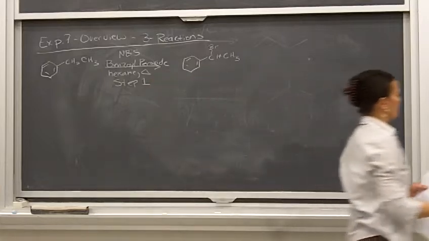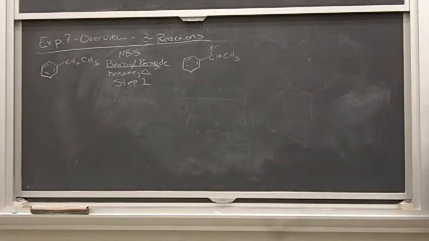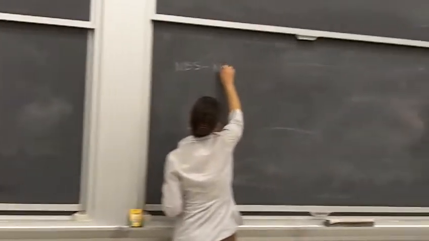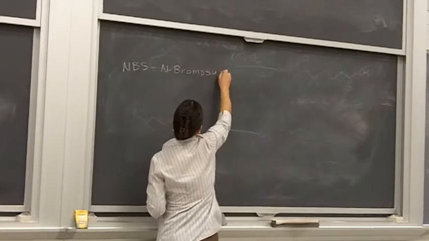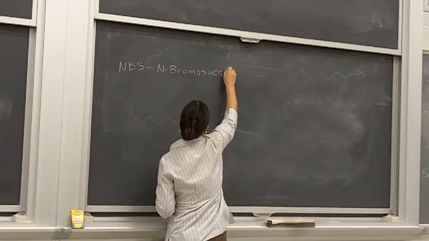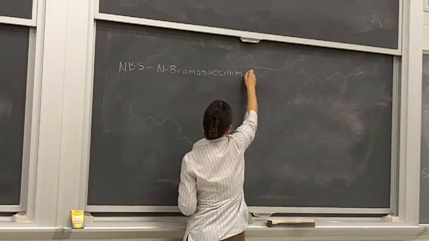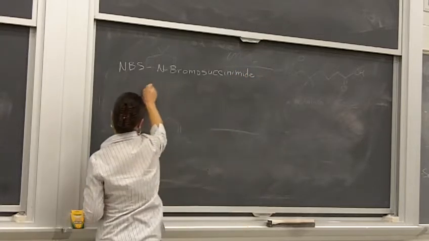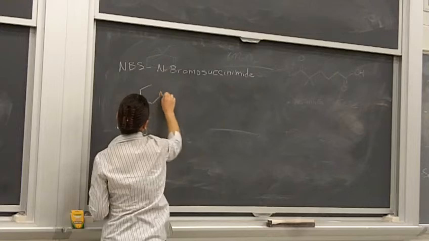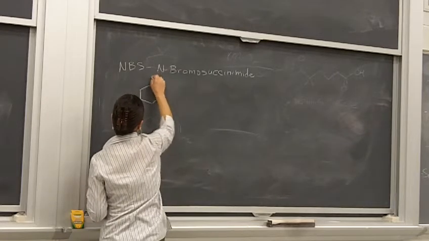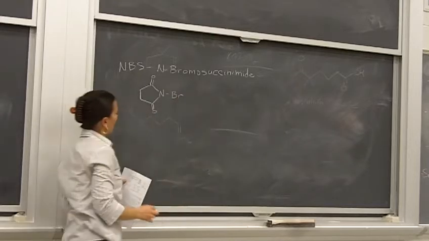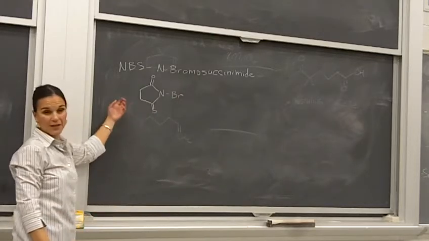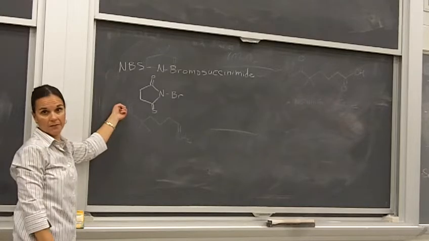So, first of all, our NBS, okay, is N-bromosuccinimide. Right? And so this is our N-bromosuccinimide. And we are using this as a source of bromine for this reaction, okay?